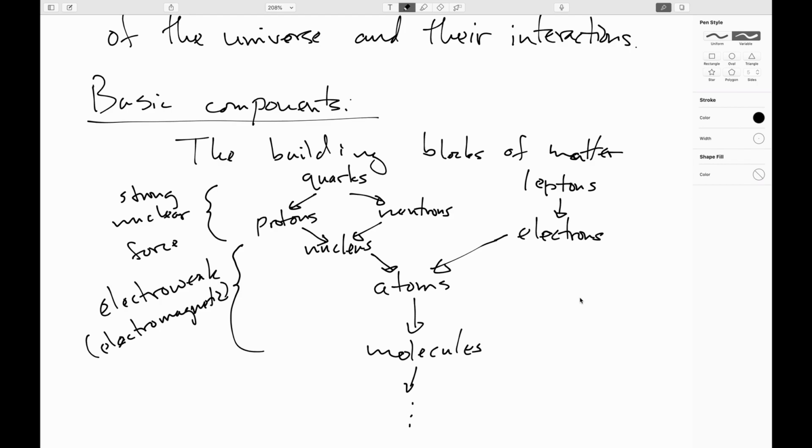And the electric force, although not totally gone by any stretch, starts to diminish in importance. And something similar happens with the strong nuclear force as you zoom out from the nucleus.